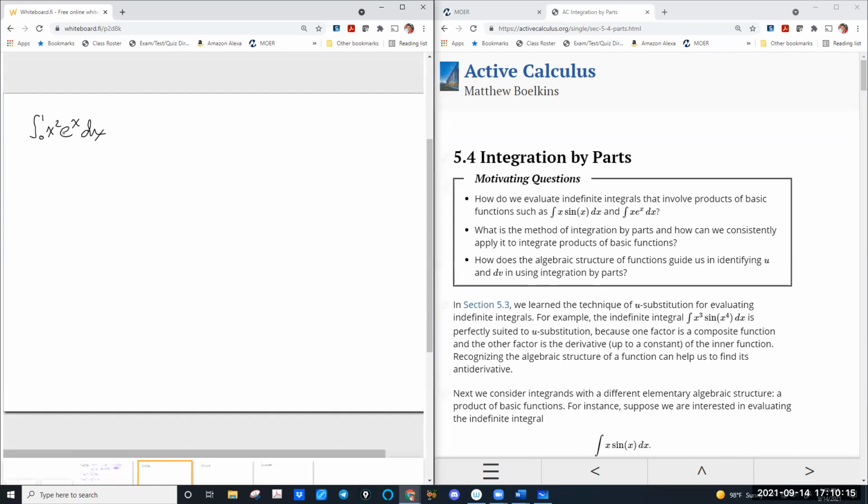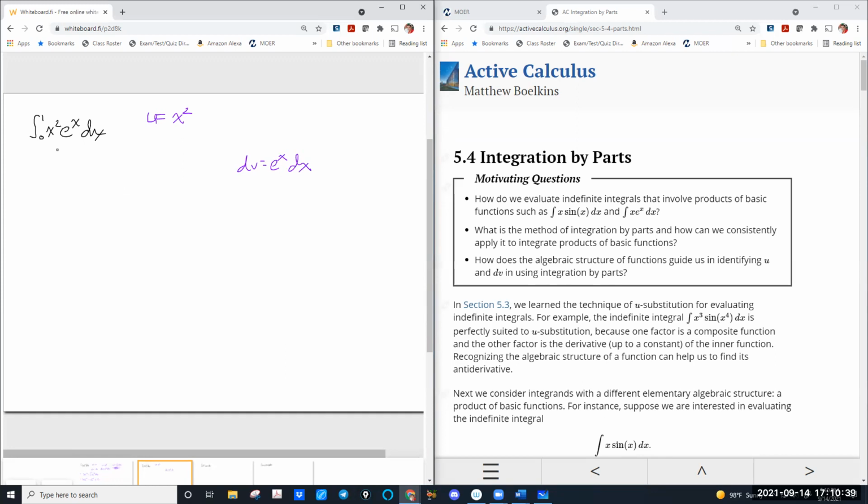This one is very similar to the last one. A U-sub still won't work because of the same issue as before. If this were x squared and this were x, U-sub would be great. It's not. So integration by parts is a good candidate, and we're going to have a very similar setup to the last one. So u equals x squared, dv equals e to the x dx.